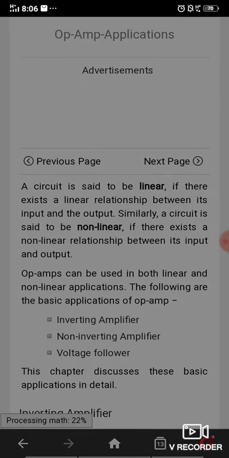A circuit is said to be linear if there exists a linear relationship between its input and output. Similarly, a circuit is said to be non-linear if there exists a non-linear relationship between its input and output.